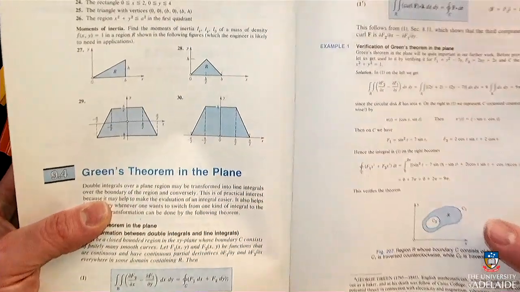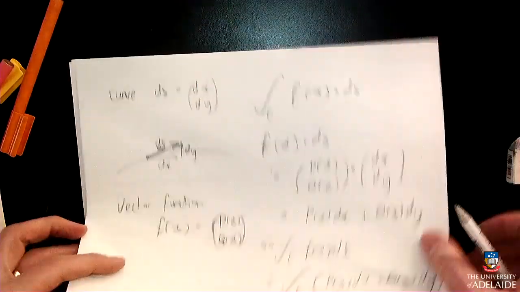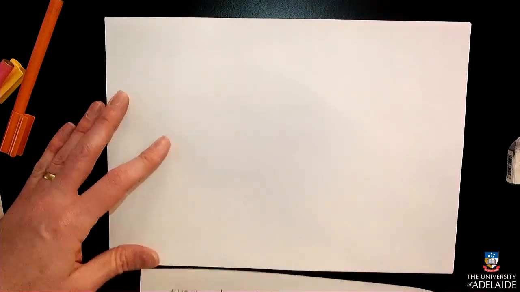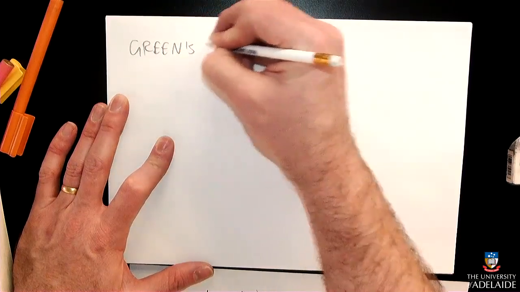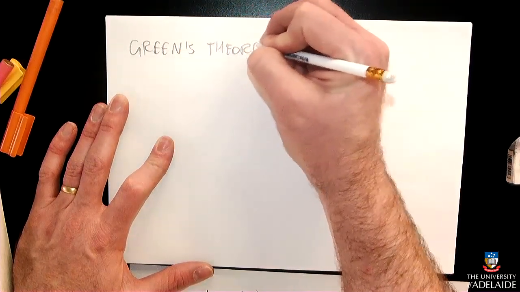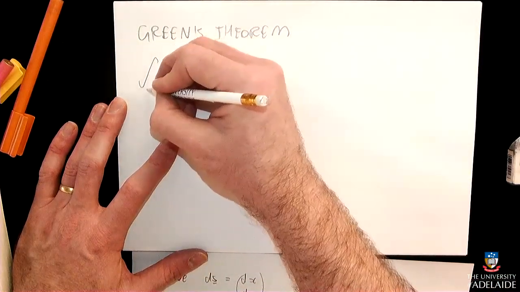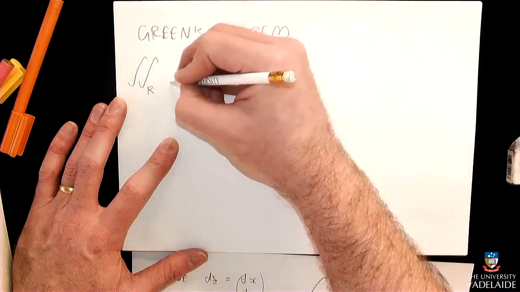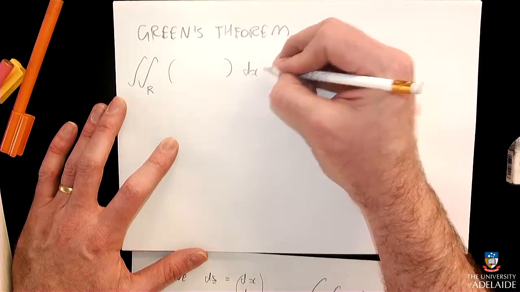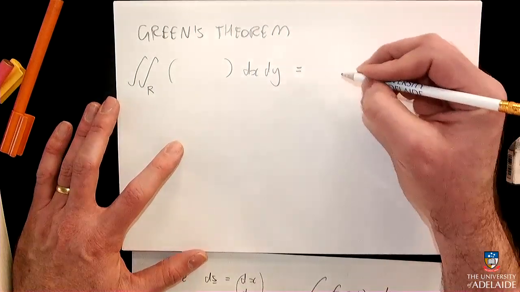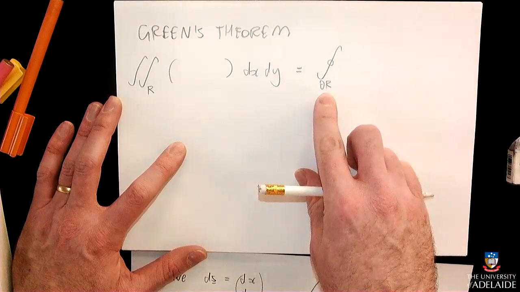So let's see if I can make that work. So Green's theorem says that the integral across a region of some function dx dy is the same as the integral around the boundary of the region. Is that how your lecturer writes it? Okay.